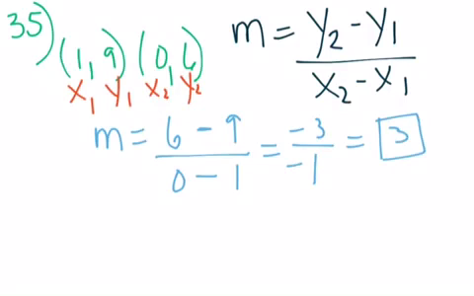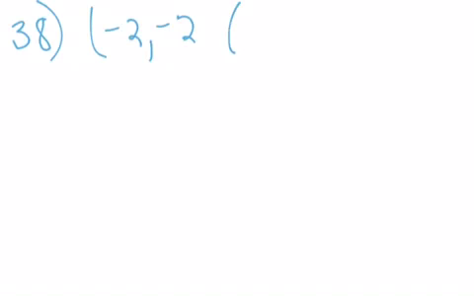If you look at one like number 40, number 38. I looked at the wrong number. 38, it asks you to do the same thing with negative 2, 10, and 10, negative 2.